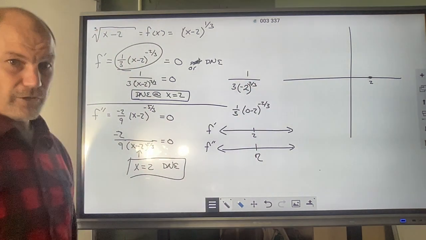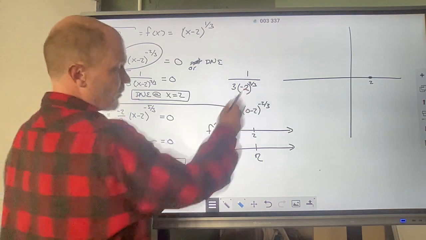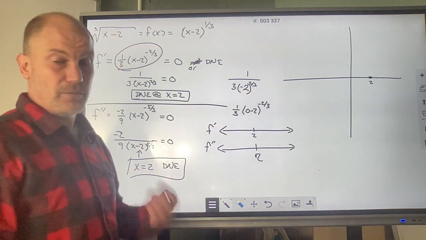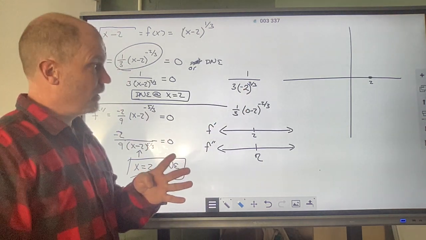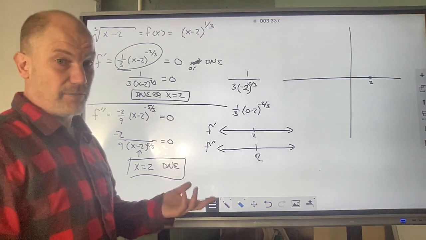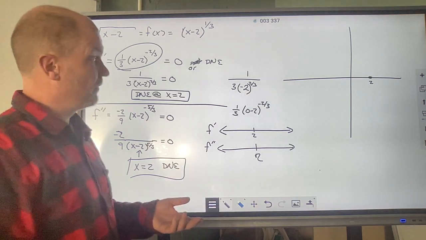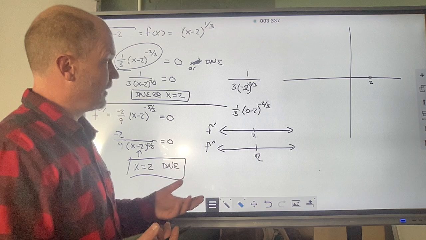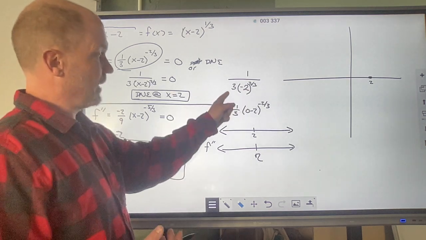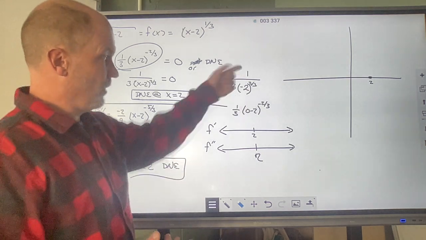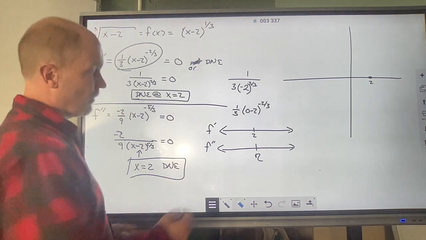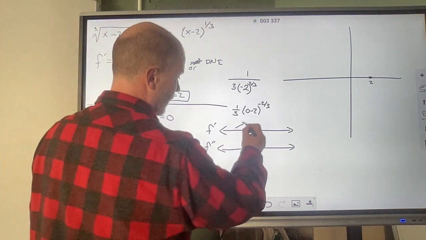And notice, I'm going to take negative 2 and I'm going to square it. When I square negative 2, it becomes positive 4. And then I take the cube root of a positive number, I'm going to get a positive number. It doesn't really matter what the number is, but that positive number times positive 3, 1 over that, it's still positive. So I know that this is going to be a positive slope.